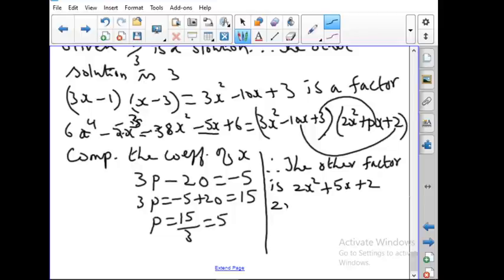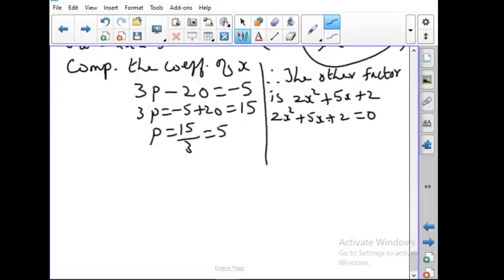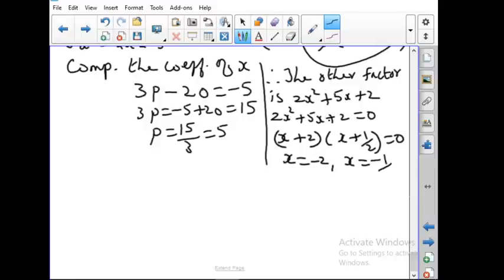So consider 2x square plus 5x plus 2 is equal to 0. Here the product is 4 and the sum is 5. Therefore, it is x plus 2 into x plus 1 by 2 is equal to 0. So we get x is equal to minus 2 and x is equal to minus 1 by 2.